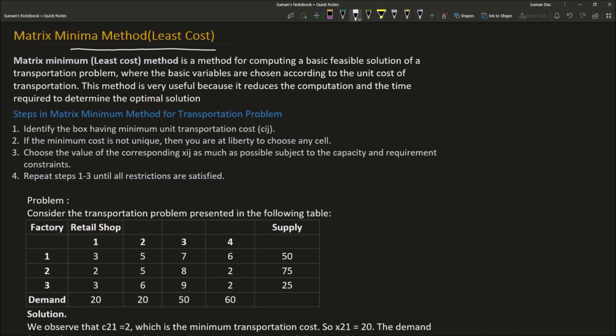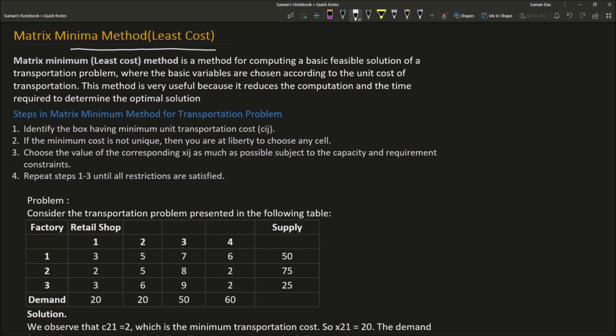Now choose the value of the corresponding Xij as much as possible, subject to the capacity and requirement constraints. That means according to the demand and supply, we have to allocate the demand or supply value to the cell, and we have to repeat steps 1 to 3 until all the restrictions are satisfied.